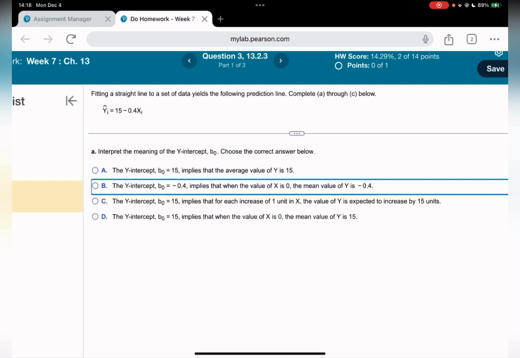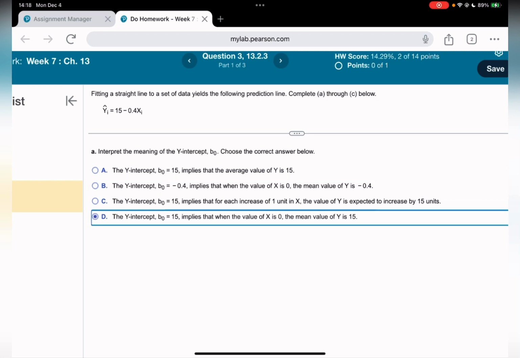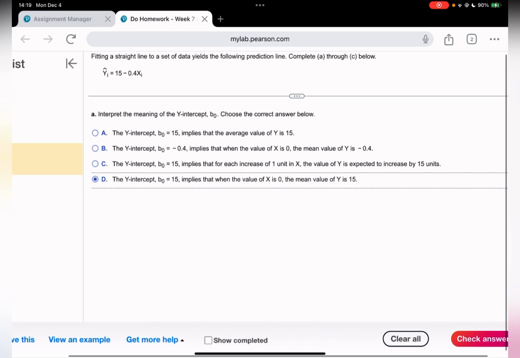Okay. The y-intercept is 15, okay, implies that when the value of x is equal to 0, then the mean value of y is equal to 15. Correct. When x is 0, it equals 15. Okay, very good.